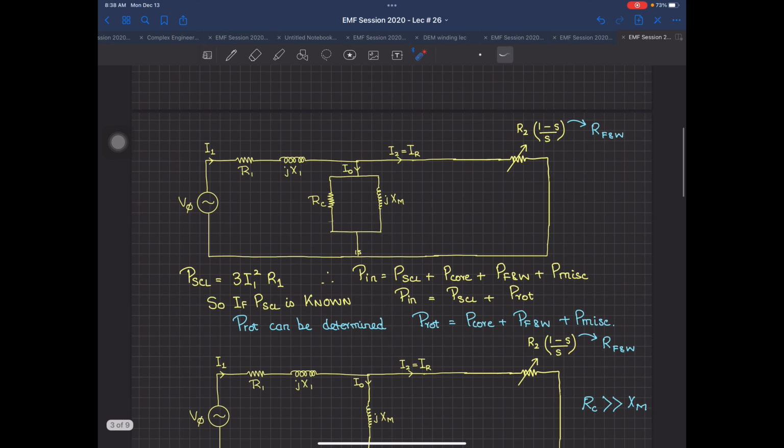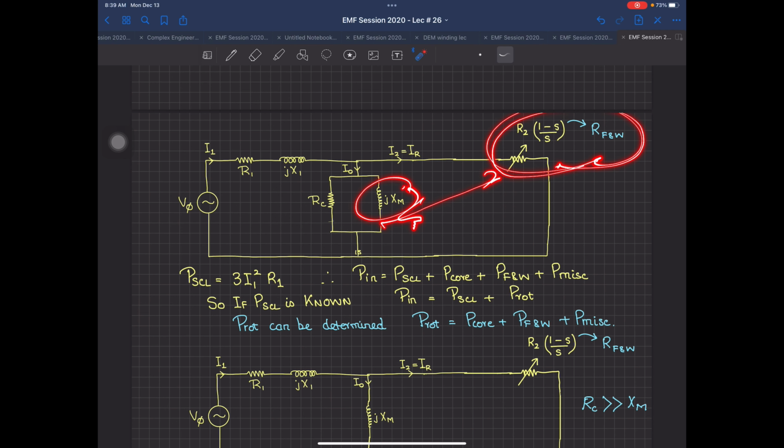Now when you have found this, the other thing which this test is going to give us is this JXM and this friction and windage. Now which of these two is larger? Can someone tell me? JXM will be the larger quantity, because this is the air gap magnetization and this one is the friction and windage.